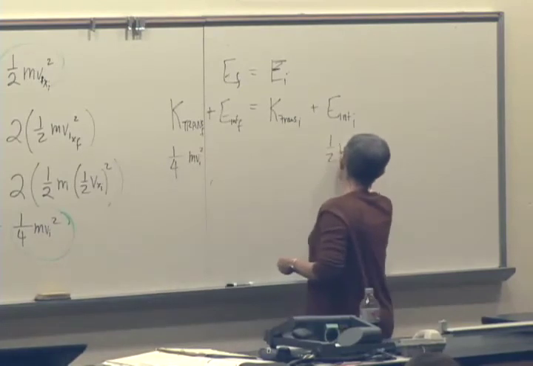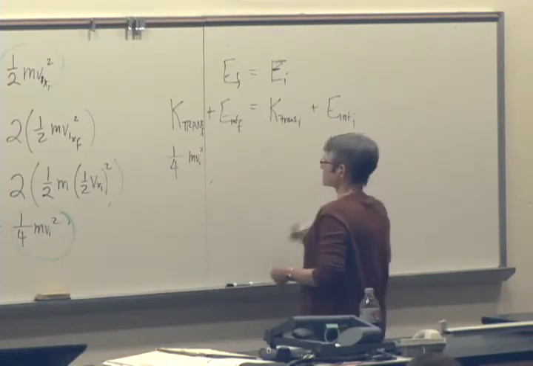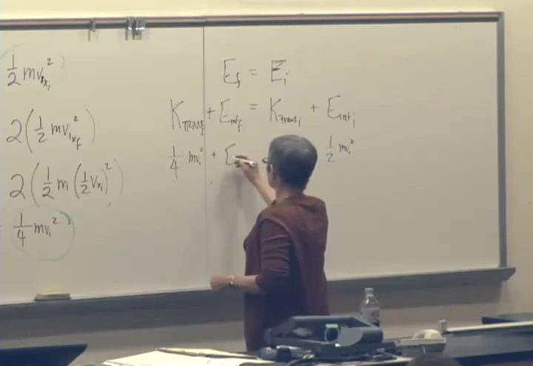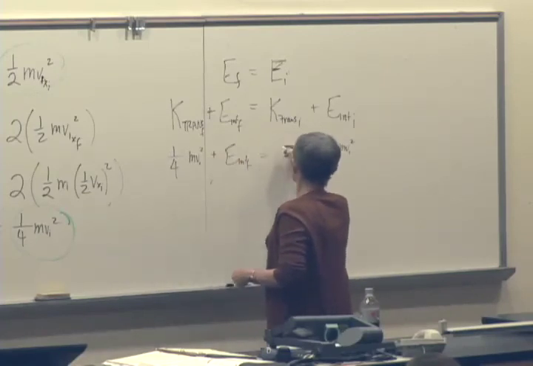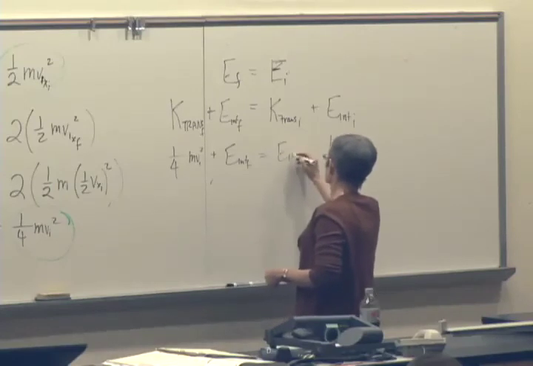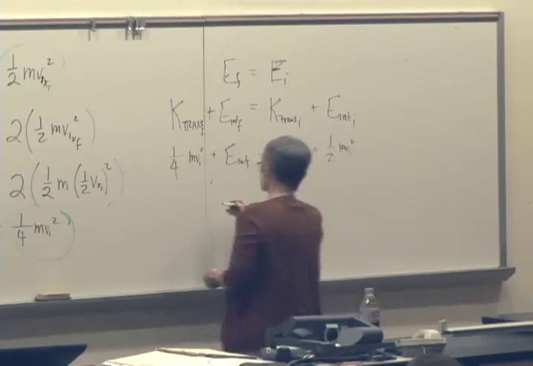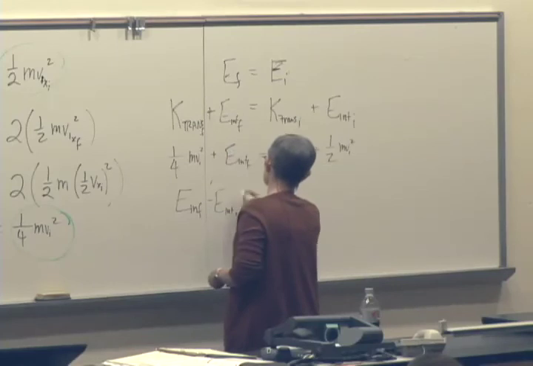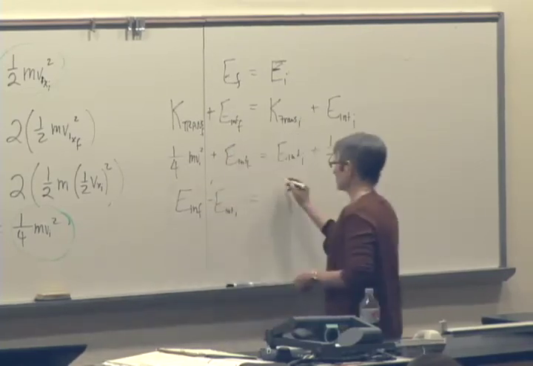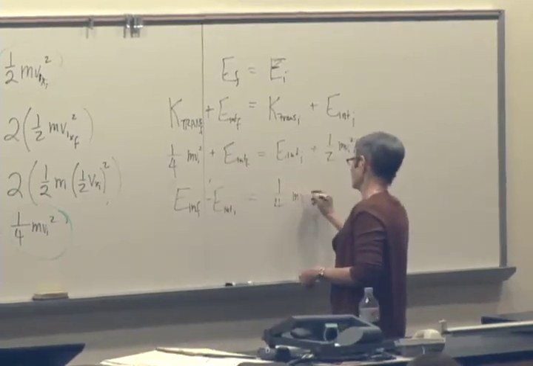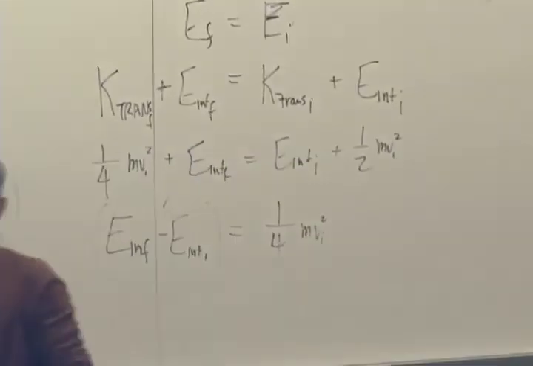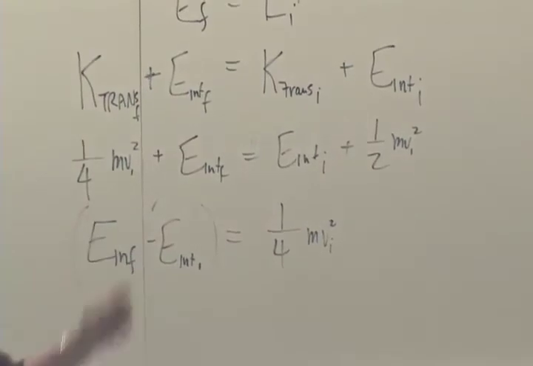This is a half m v initial squared. I'm dropping subscripts here. And so it looks like the final minus the initial internal energy is equal to a quarter m v initial squared. So half of the original kinetic energy went into the internal energy and half is still present.